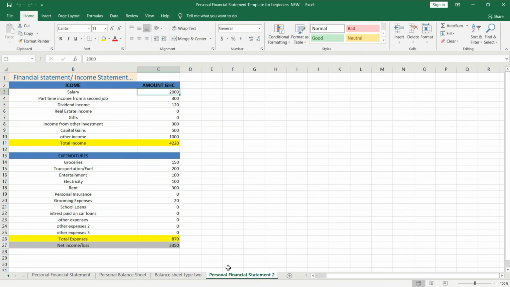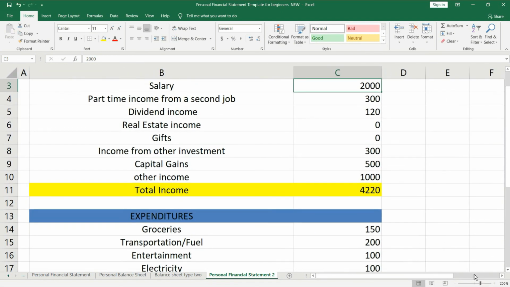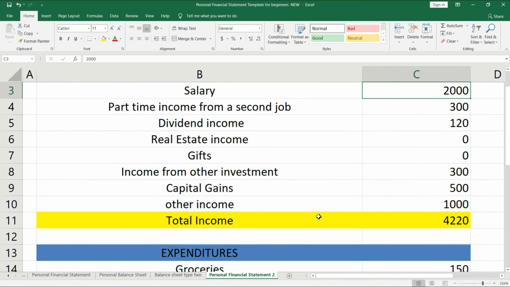The financial statement will consist of your income and your expenditure. Looking at your financial statement, let me zoom in a bit so that we could see. I think it should be a bit clearer.